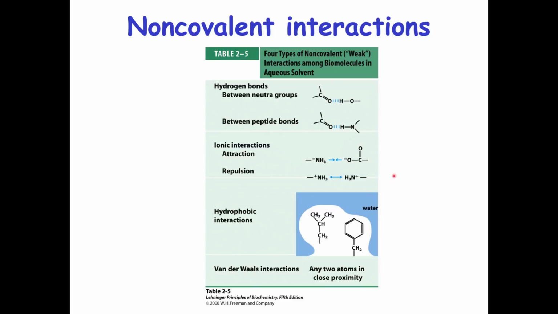Ionic interactions are a bit stronger, about 15 kilojoules. Hydrophobic interactions are similar to hydrogen bonds, between 2 and 5 kilojoules, and van der Waals interactions about 4 kilojoules. So again, the take-home message is that they are all weak interactions, but there are many of them, so the cumulative effect is quite dramatic.